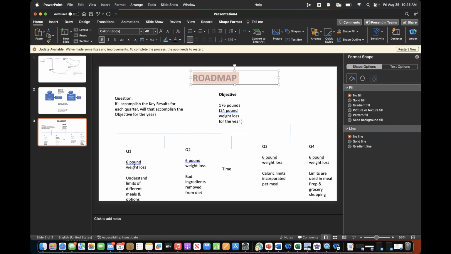So now my overall objective may even change too. Instead of 24 pounds, maybe I can lose 40 pounds. I actually did that. I actually lost 40 pounds.